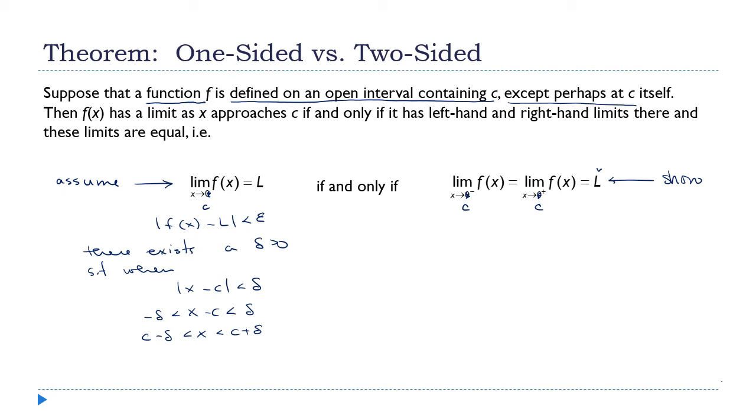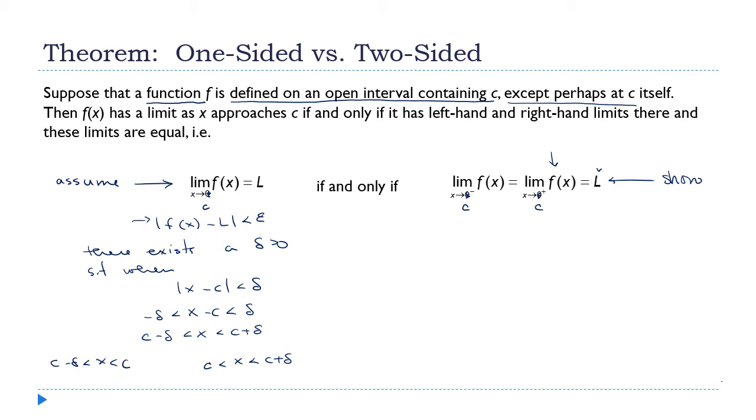If every x in that interval maps into this interval on the y-axis, then surely every x in this smaller interval does, and that means the right-hand limit also equals L. And again, if this big interval maps into the epsilon interval, then this smaller interval also does, and that proves the left-hand limit, right? And that's all there is to it.